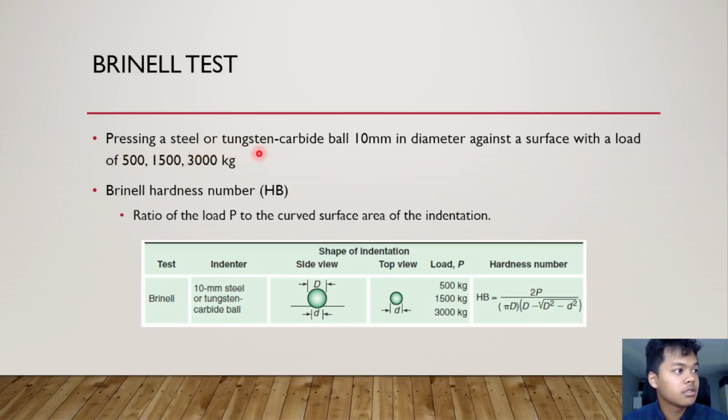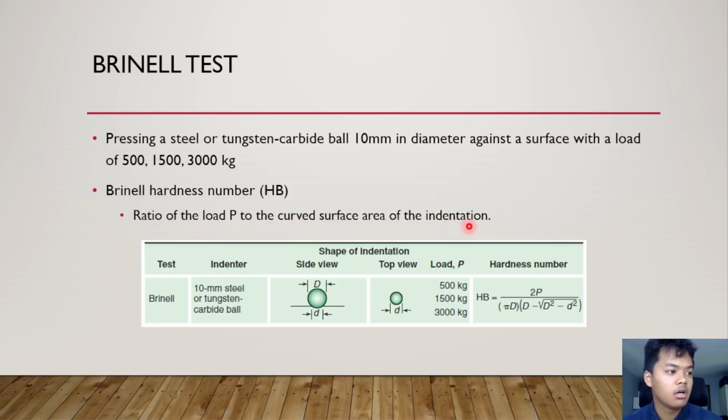Pressing a steel or tungsten carbide ball 10 mm in diameter against a surface with a load of 500, 1500, and 3000 kilograms. Okay, from that we get what's called a Brinell hardness number, signified by HB, hardness Brinell. Ratio of the load P to the curved surface area of the indentation.